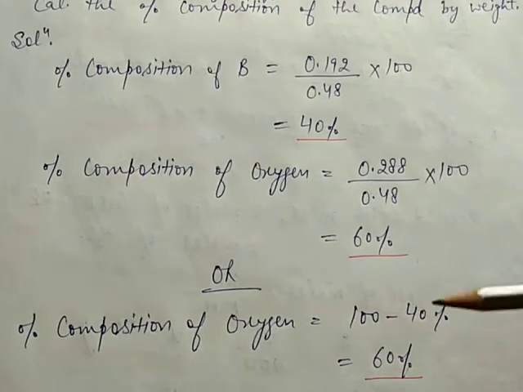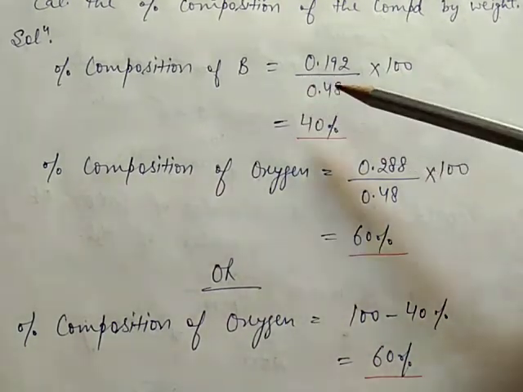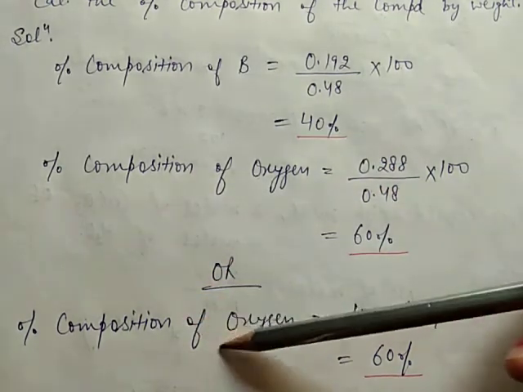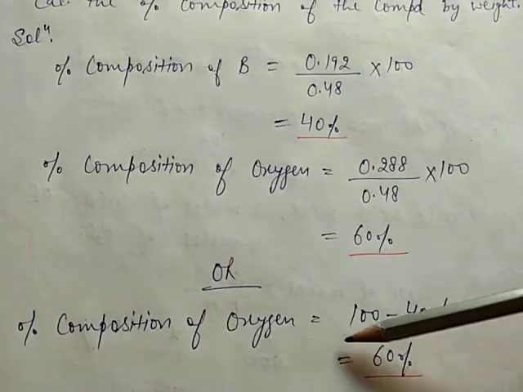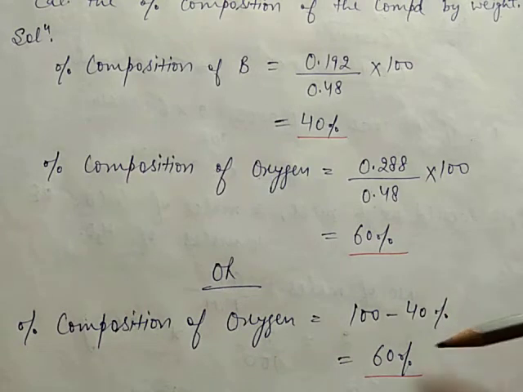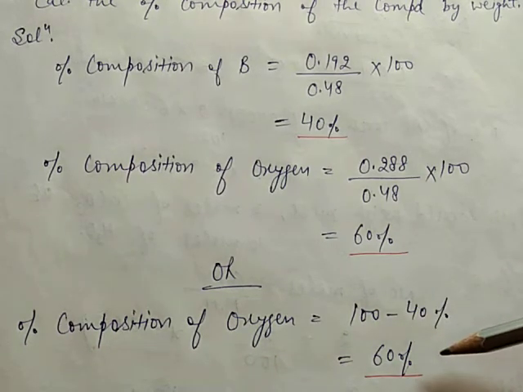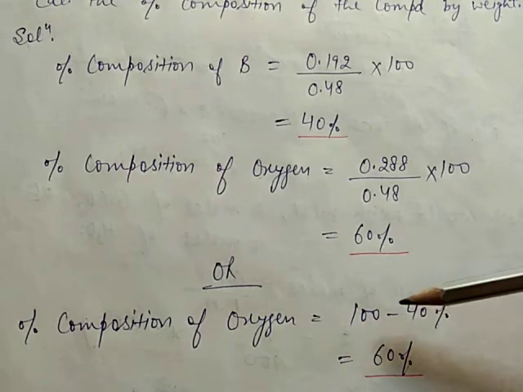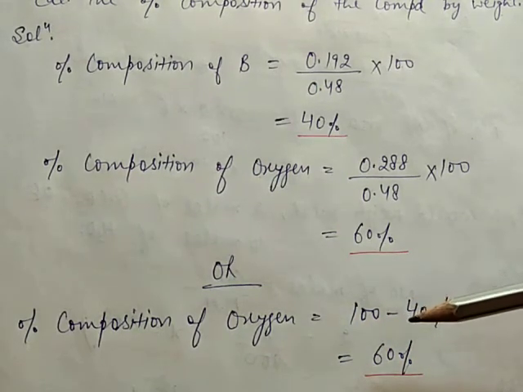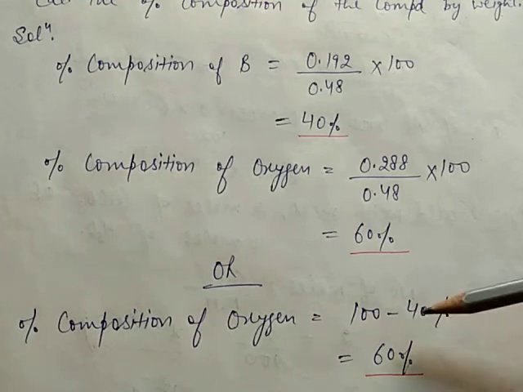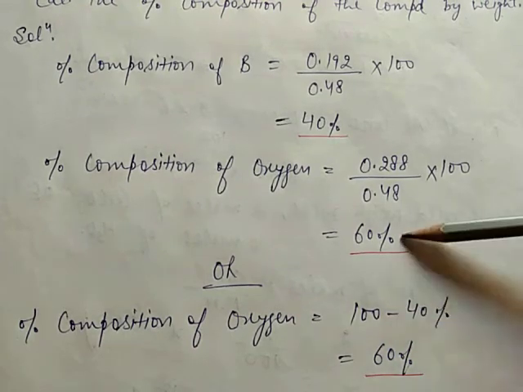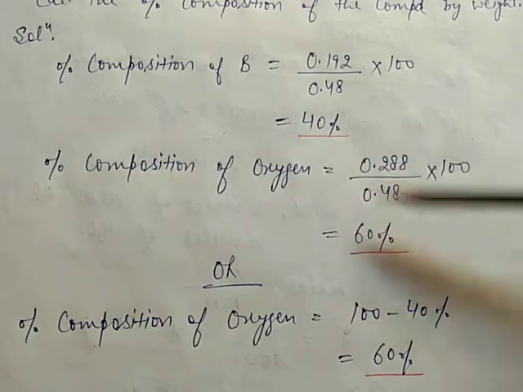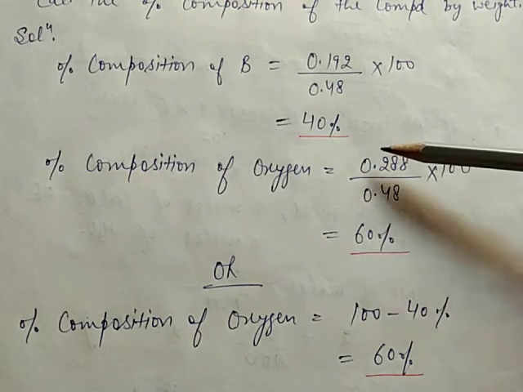Or we can easily calculate, if boron is 40%, then the percentage composition of oxygen is 100 minus 40, that is 60%. Because here we have to calculate percentage, total is 100. 60% plus 40%, that is 100%.